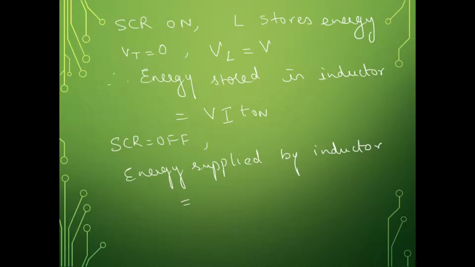V naught is V plus the voltage across the inductor, which is L di by dt. So the energy supplied by the inductor will be (V naught minus V) into I into T off.